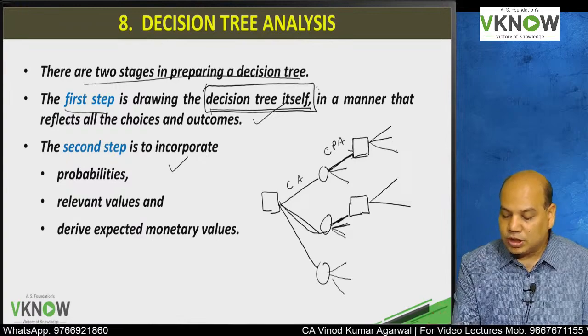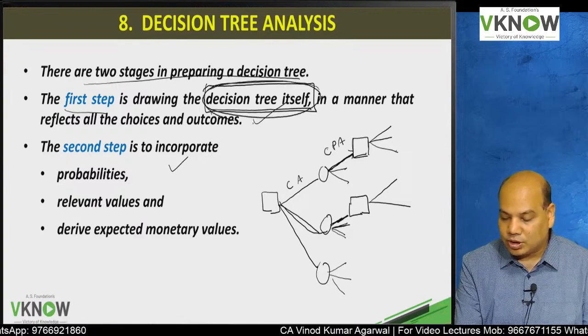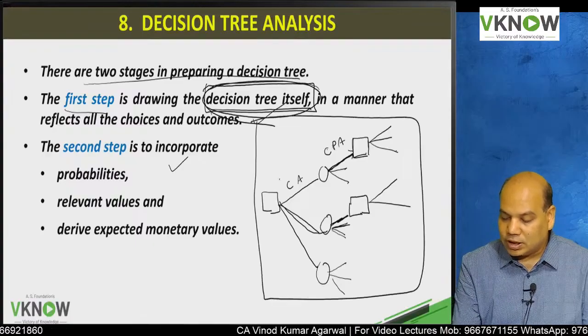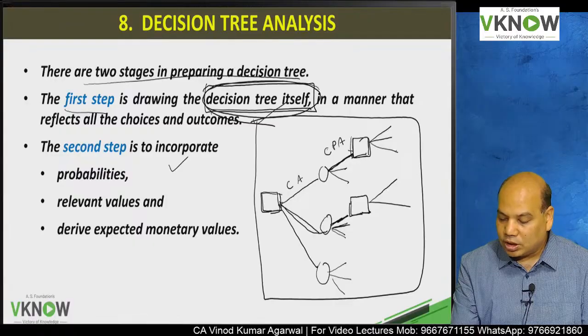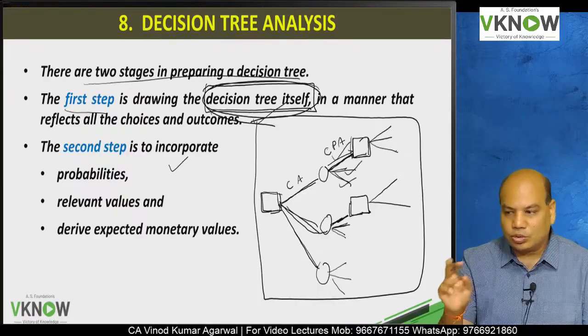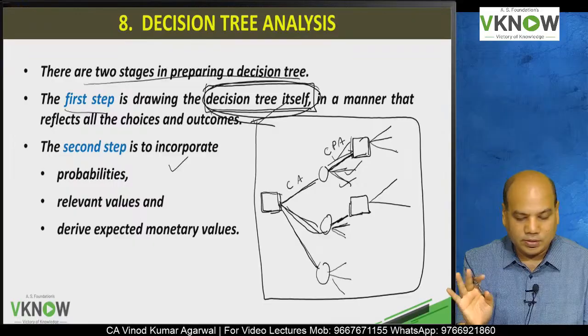Which is the most critical task for a student? To read the problem and understand what are the decision issues involved and what are the consequences, what are their probabilities. If you can do this, step number 2 is automatic.